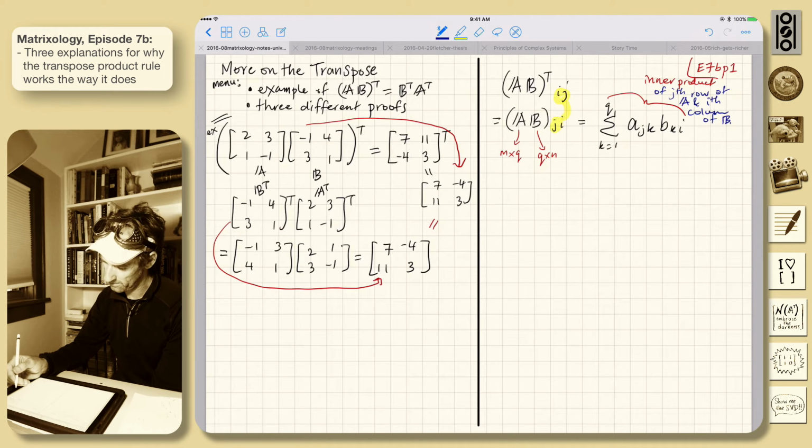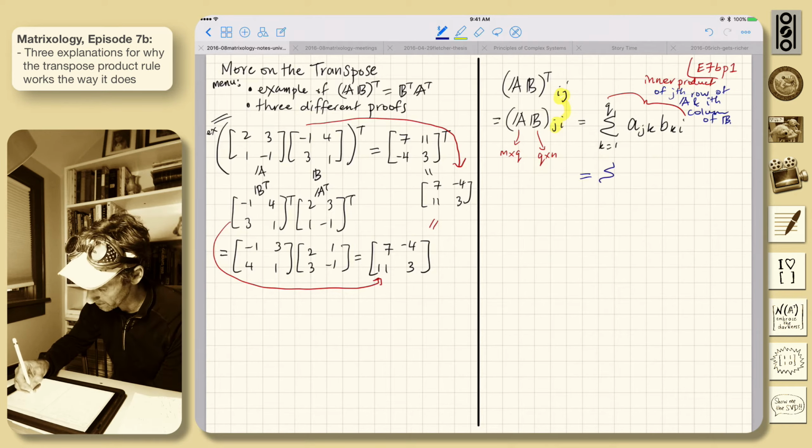Now, this is pretty good. We can now do some switcheroo activity because we're trying to get to the transposes of B and A. So let's just force them in there.